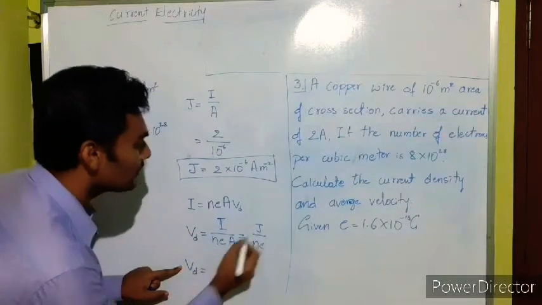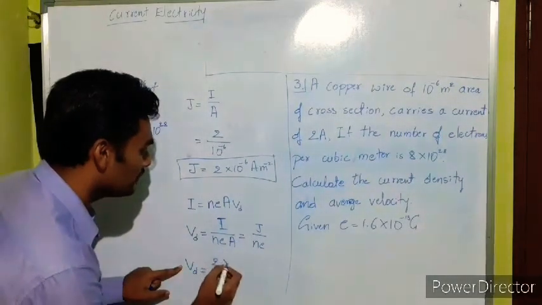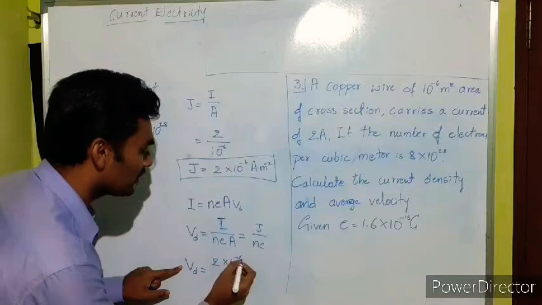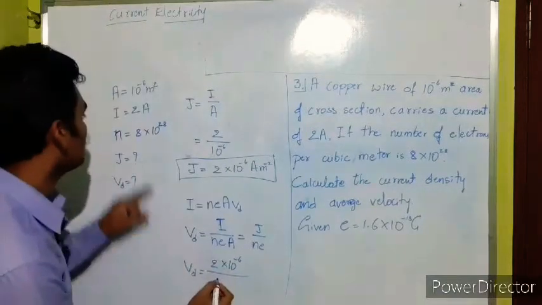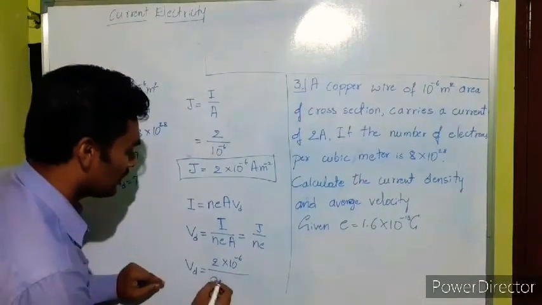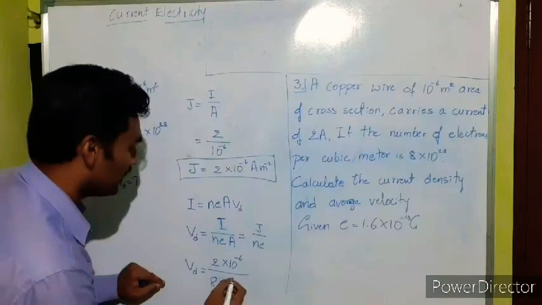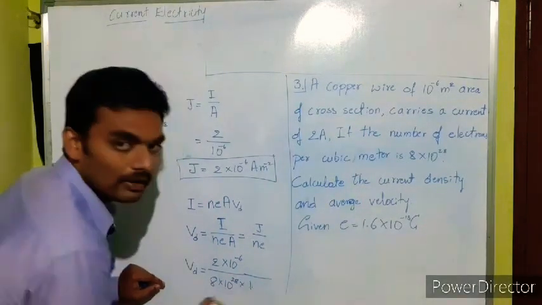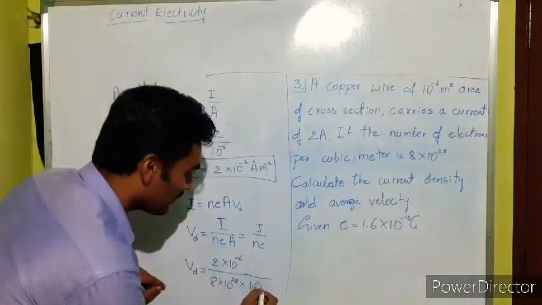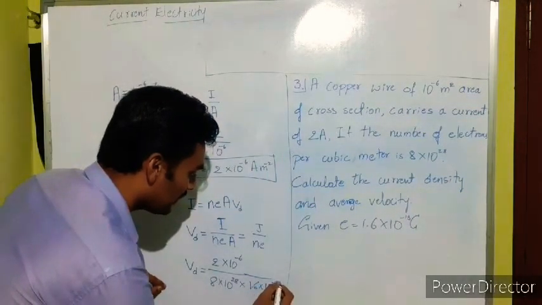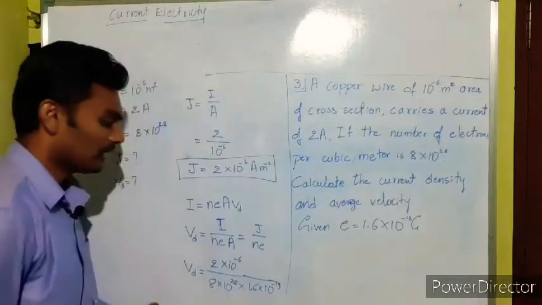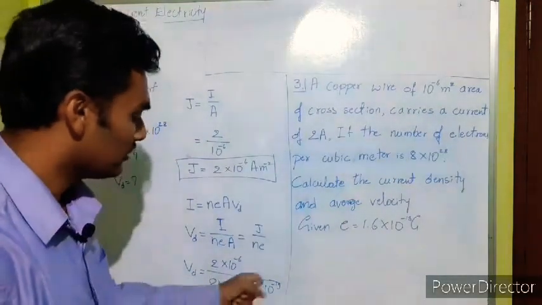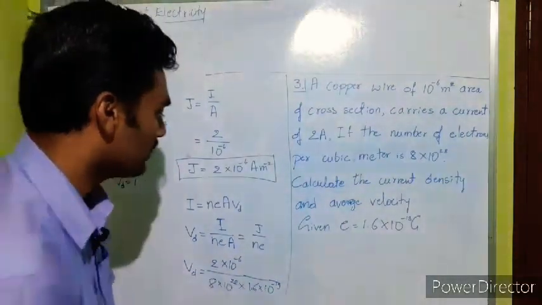So Vd becomes equal to J, which is 2 into 10 to the power of minus 6, divided by the N value given, which is 8 into 10 to the power of 28, into the charge of each electron, 1.6 into 10 to the power of minus 19. Make use of a calculator and add and subtract the powers carefully.